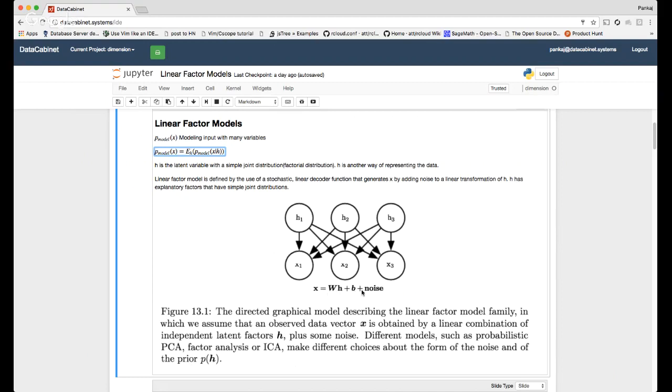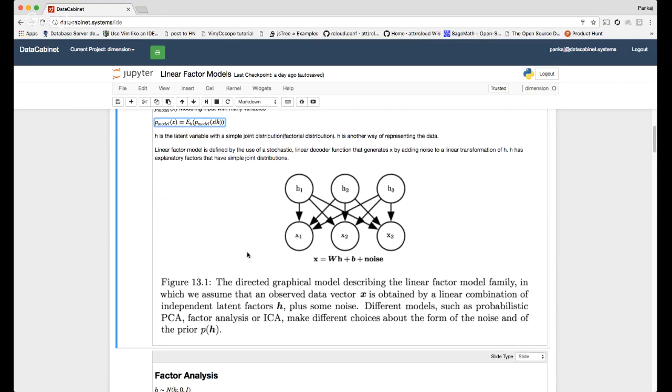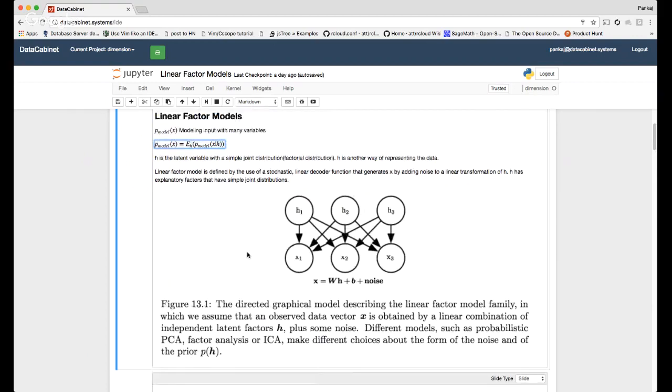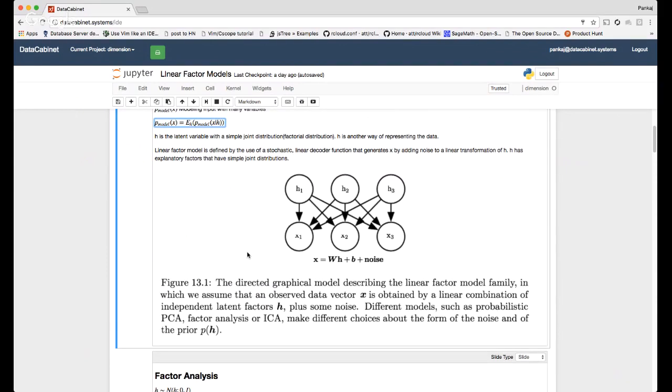The other is the factorial distribution on H, and the affine transformation to get X. These are the two things that are common to all linear factor models.